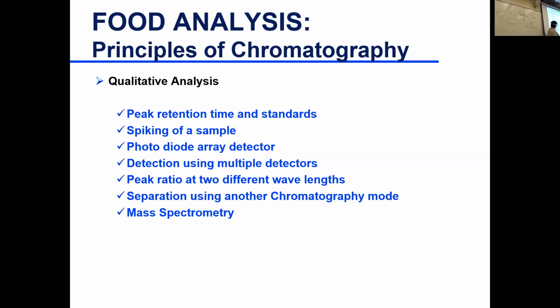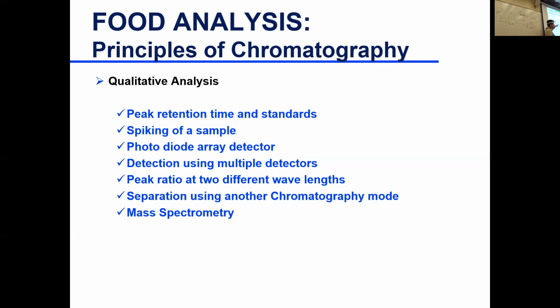Sometimes you use separation using another chromatography. So if you have compounds that have similar molecular weights, if you're using size exclusion, they're not going to be separated. So you use size exclusion, then ion exchange, then they get separated based on charge. Then you can separate them and identify them. Mass spectrometry is a whole different world where it's a very powerful tool.